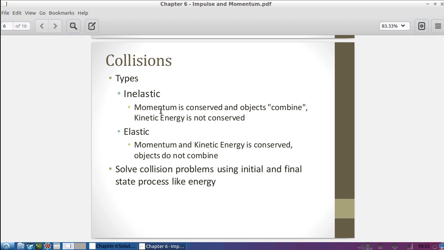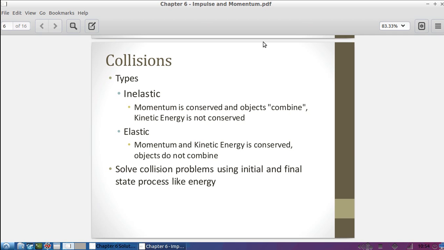In an inelastic collision, think about an object sitting on a platform and you throw a piece of clay or putty at it. They'll collide, but they'll combine, and then they'll move along as quote-unquote one object. They stick together and move along together as one object.